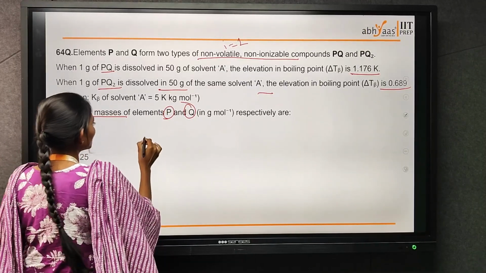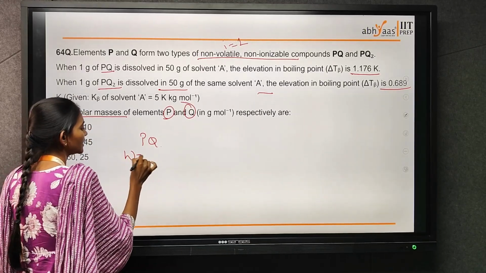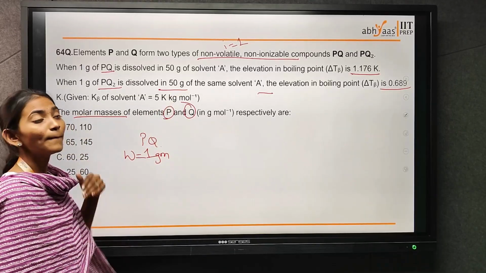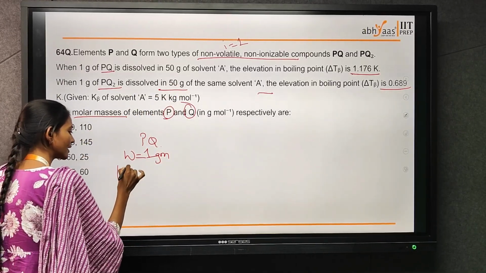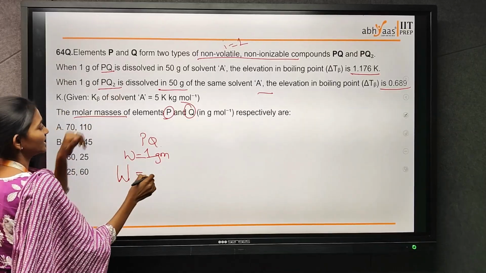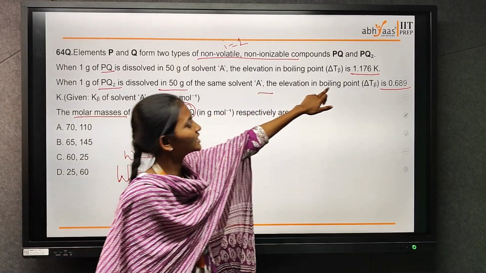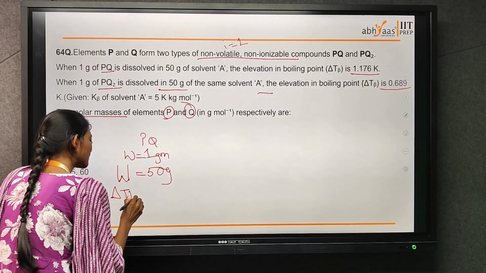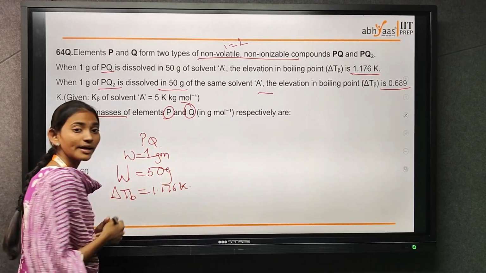Coming to this PQ, the weight given is 1 gram. I'm writing the solvent weight with capital W, which is 50 grams. They have given the elevation in boiling point as 1.176 kelvin.